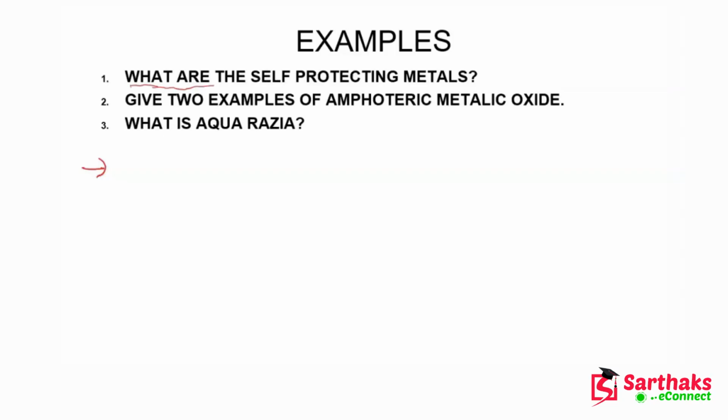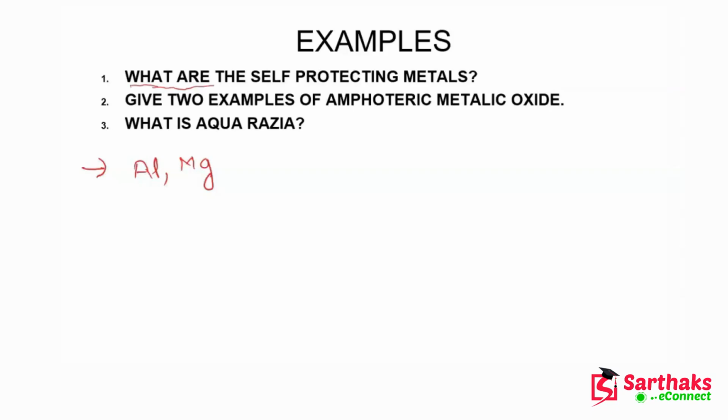Okay, they will form a layer of oxide, and then this layer prevents further oxidation. Those are known as self-protecting metals, like aluminum and magnesium.